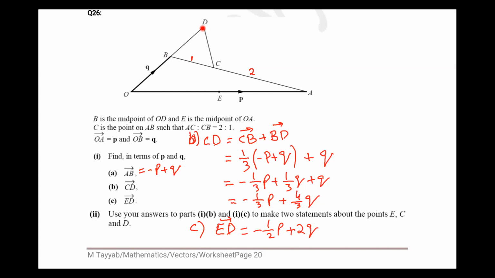Think about that. What two statements you can write about the points E, C, and D? I'm giving you some time. उसके बाद मैं आप लोगों से पूछूंगा. Definitely I will tell, but I want some input from your side. Think about it. What do you know about E, C, and D?